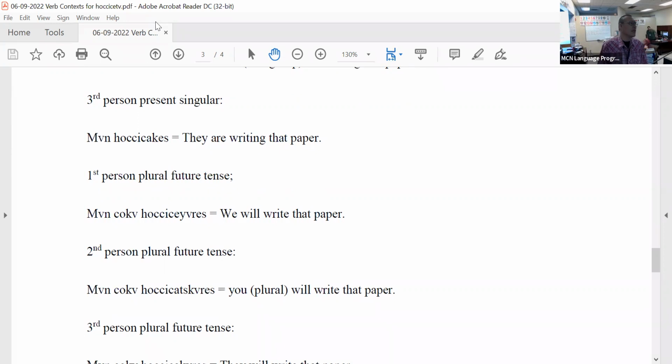It becomes Hotsejagis. If I wanted to say they are writing that paper, I should have put the word choga in, and that's my mistake. But I would say Choga Hotsejagis. They are writing that paper.